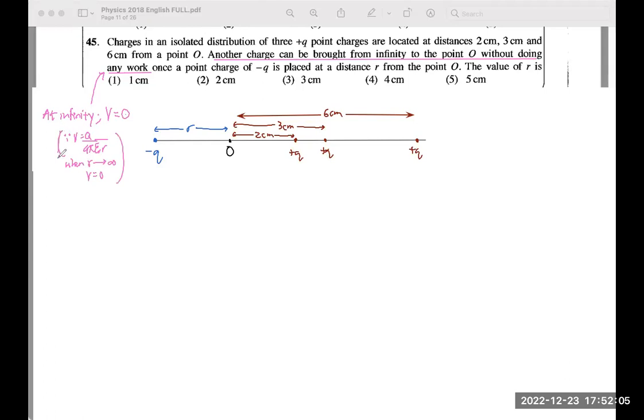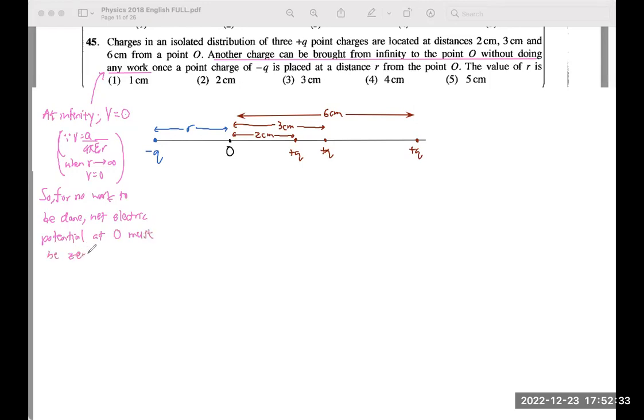That's the idea behind that, no, people? So for no work to be done, what is the condition? The net electric potential at O must be 0.